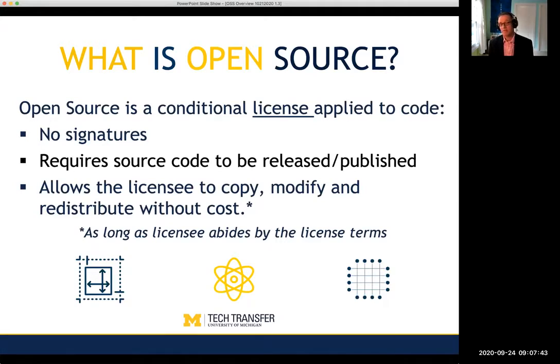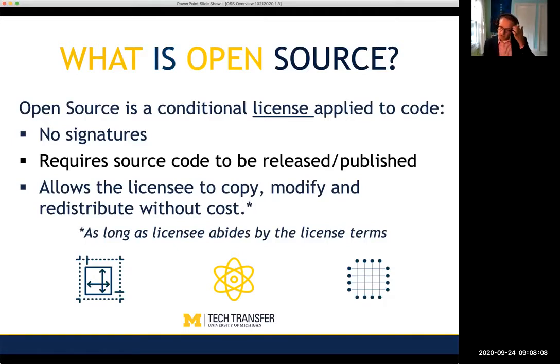And with that, the person taking the license, or the licensee, can do a large number of things with it that you can't do in a proprietary application or an application that you're simply using via an end user license. So that open source license allows you to modify it, copy it, change it, redistribute it, and you get to do all of that without cost.